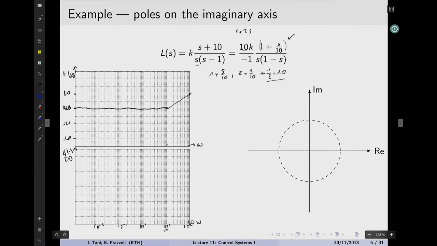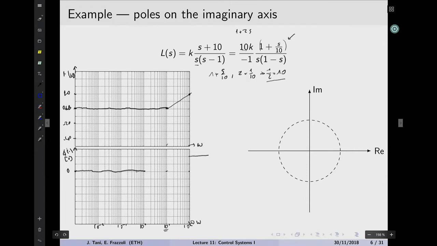So what about the phase instead? Well, the phase starts from 0, so let's put 0 up here. This is the breakout frequency. We look at 1 decade before and 1 decade after. We kind of need another decade, but it's going to be 0 up to here.